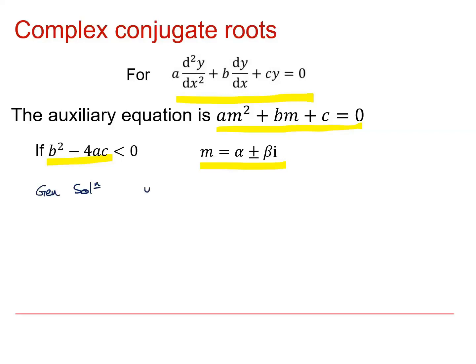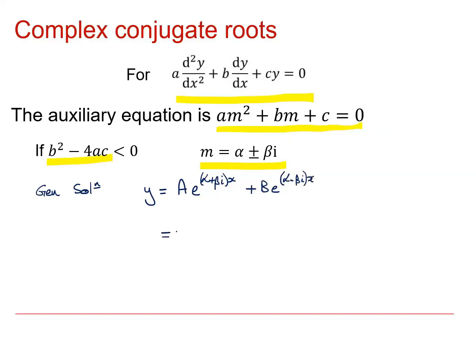I'm going to get that y is equal to A e to the (alpha plus beta i)x plus B e to the (alpha minus beta i)x.